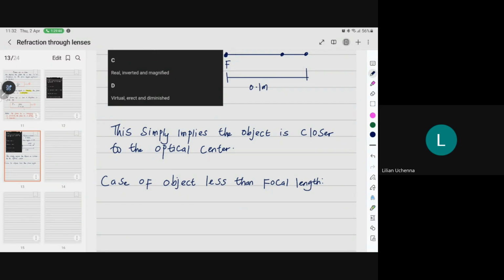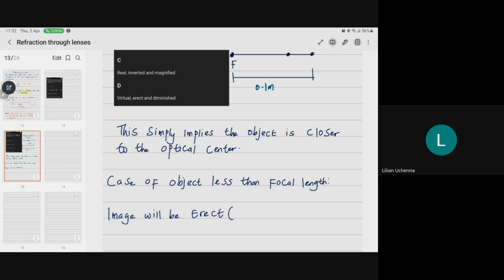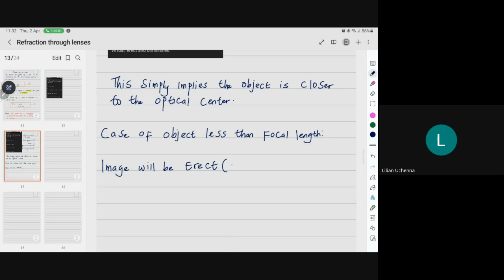For the case of object less than focal length, what does it do for you? If it is less than the focal length, it simply means that the image will be erect, that's upright, in bracket, upright, because Justice was a bit confused the other day regarding upright and erect. So it will be upright, right? It's going to be virtual, and it's going to be large, in brackets, magnified.